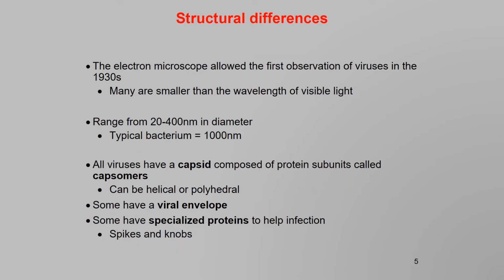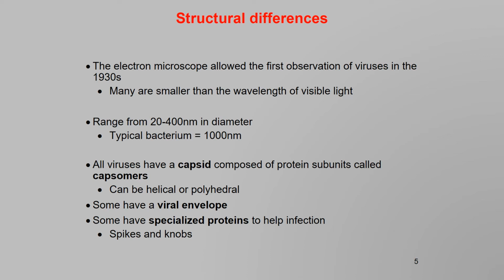Viruses show a wide range of structural differences, including size and the actual structure of the virus itself. First of all, most viruses are very small. They range from about 20 to 400 nanometers. Remember, a nanometer is 10 to the minus 9th meter. And normally, we measure bacteria in micrometers, so it would be 1 micrometer or 1,000 nanometers, so you get an idea of the size.